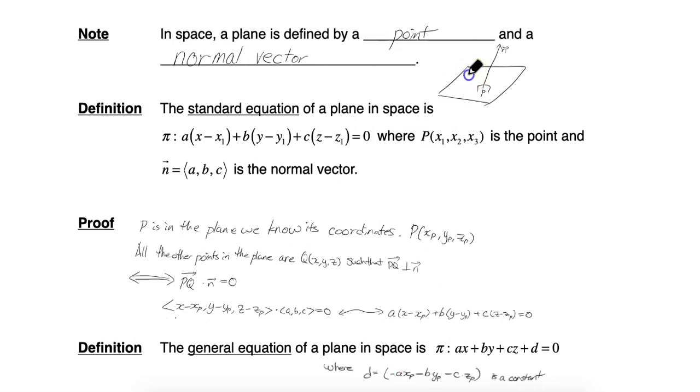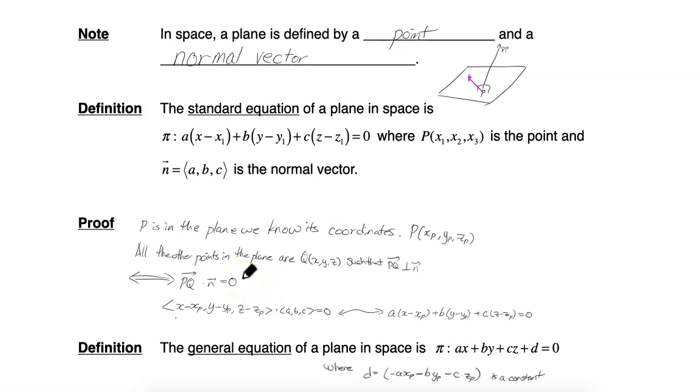So if q is here, for example, then this vector pq is perpendicular to n. So this is going to be true for any point q that I choose in the plane. So that means I can say pq.n equals 0.